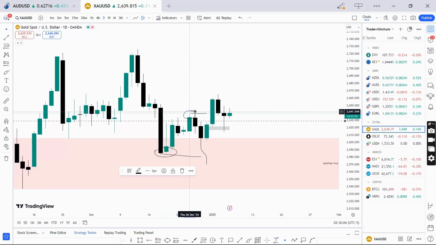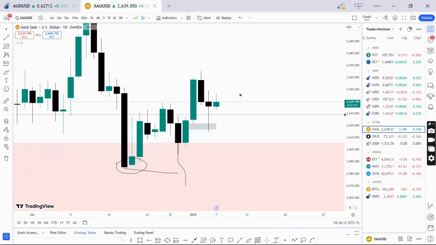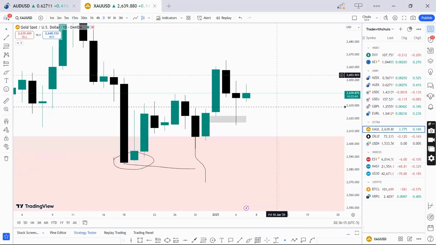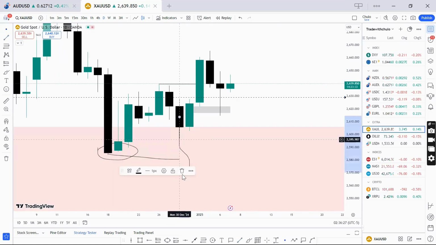Now look closely here. Price also took out this external range liquidity.